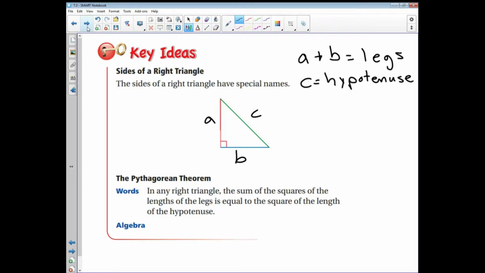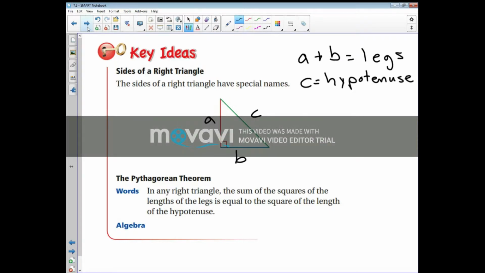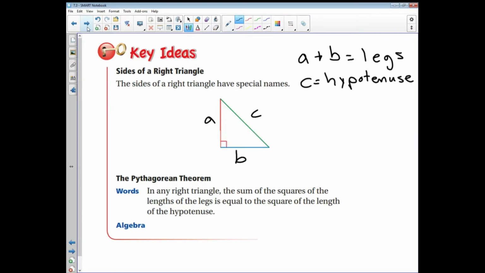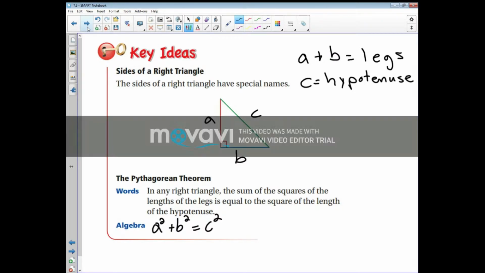It's not really that important that you know the names of what we call C and A and B. Just understand that the two shortest sides are A and B, and the longest side, there's only one, is going to end up being the hypotenuse, so C.